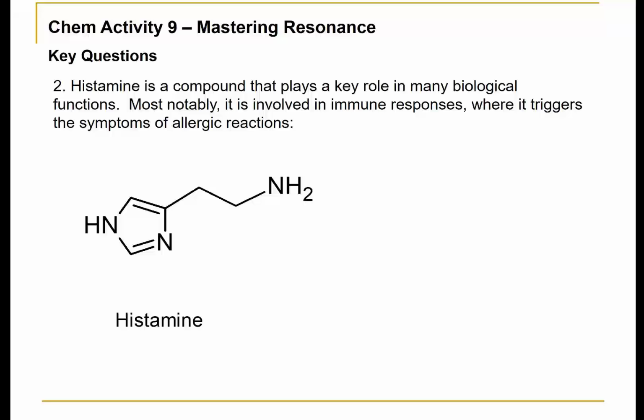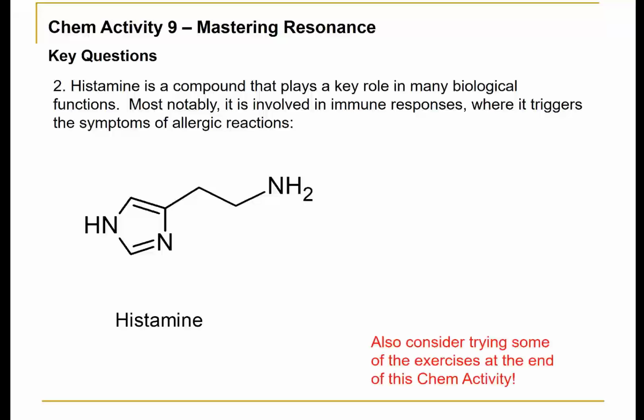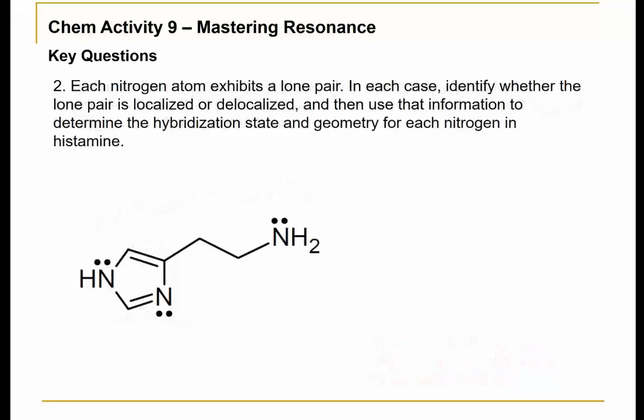Before we look at the answers, I just want to remind you that this particular activity has a series of exercises that follow. And it might be helpful for you to try those exercises and then look at the answers that are posted in Moodle. Okay, so to start with, you may want to fill in the histamine molecule the 3 different lone pairs. And then stop the video and decide whether or not the electrons are localized or delocalized.